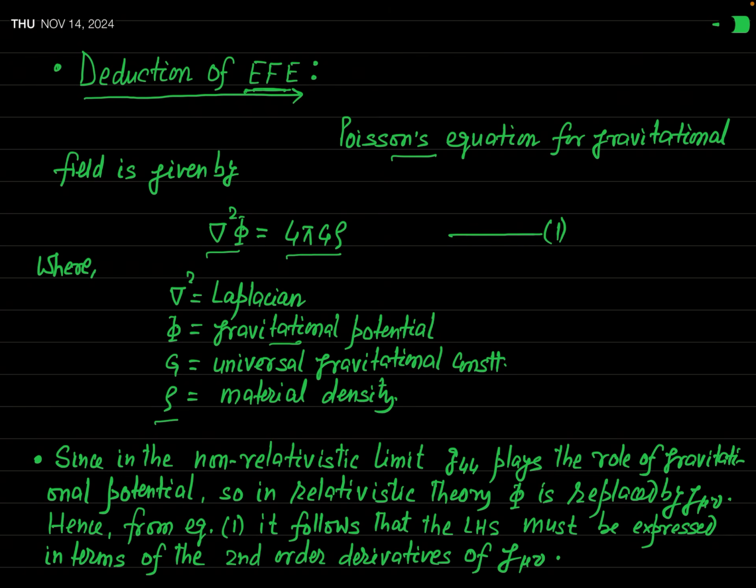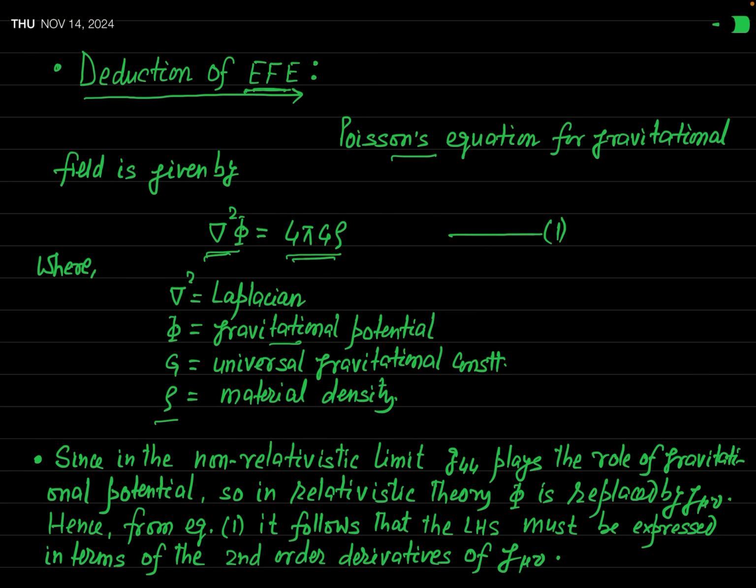Now, as I have told you, our aim is to derive Einstein's field equation utilizing this classical result. But how? As I have told you, behind deriving this equation there was some motivation for Einstein.